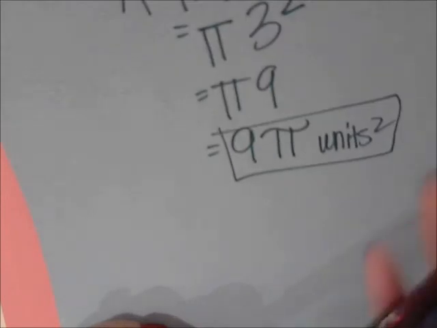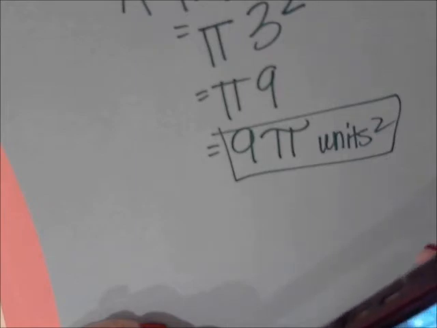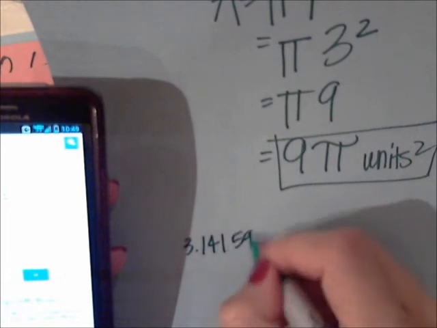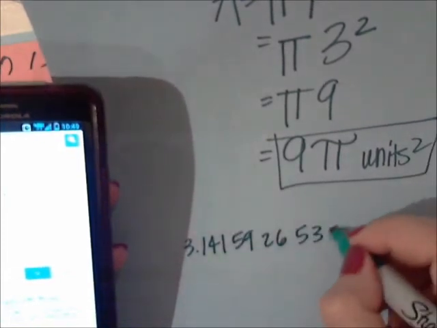In fact, I'm going to Google it right now because I don't remember anything after 3.145. Aha. So pi is 3.14159265359.